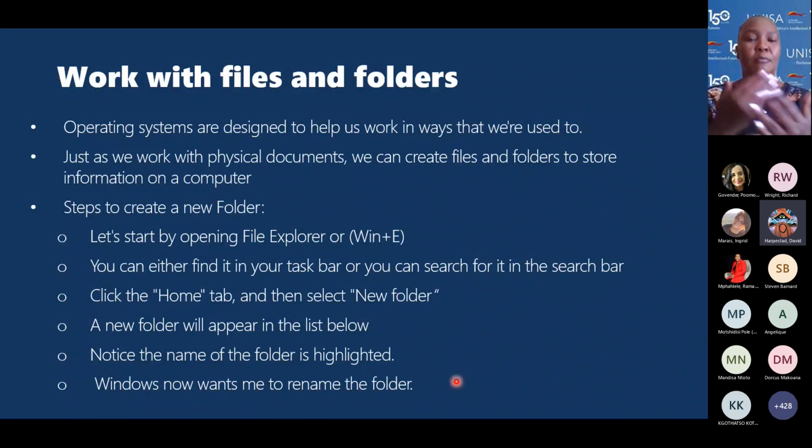Now, your operating system is designed in a way that its user interface, basically what you're seeing with your mouse and your keyboard, allows you to work with documents. But in order to work with documents, we need to be able to create folders where we can store information, to organize. That's really what folders are about.